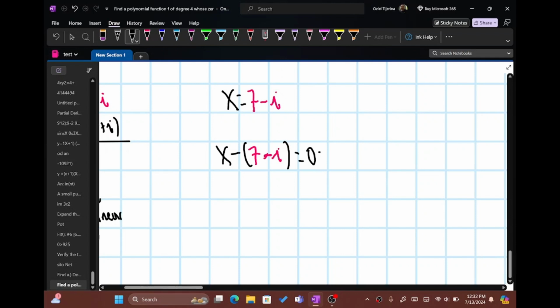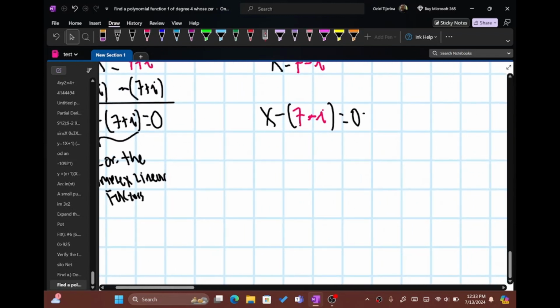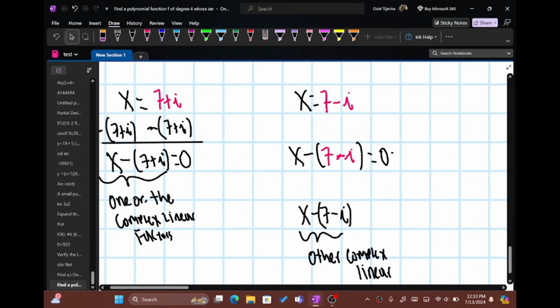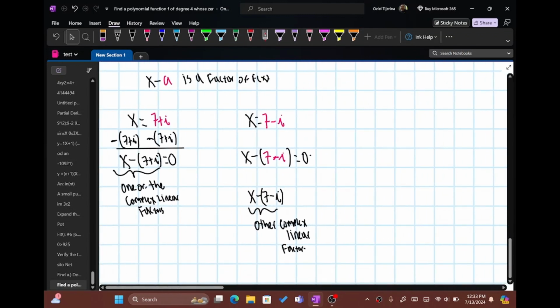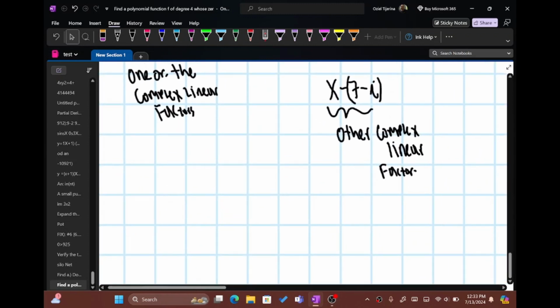So we know this is going to be the other factor. So x minus 7 minus i will be the other complex linear factor.